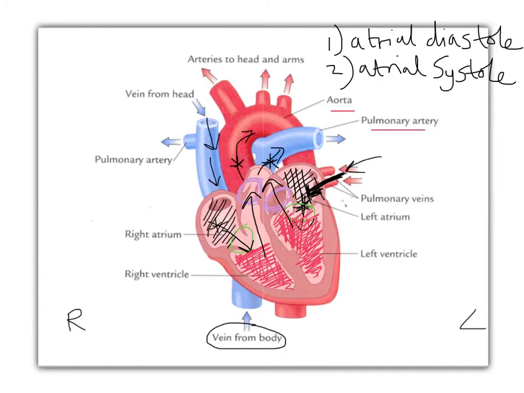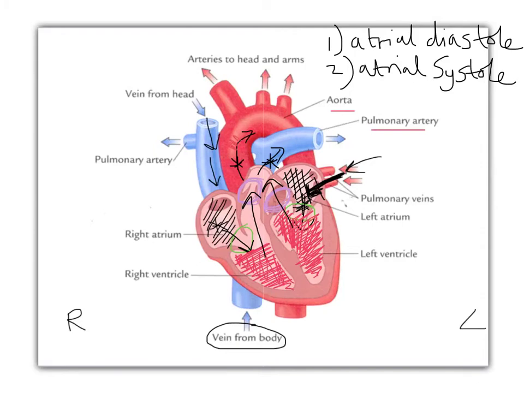So clearly the semi-lunar valves this time will open to allow that to happen. So just to recap, higher pressure in the ventricles, lower pressure beyond the valves in the aorta and pulmonary artery, so blood goes from where it's high pressure to low and will move up, it gets pumped up, and those semi-lunar valves open.